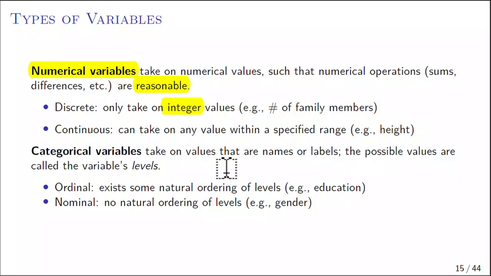So we could use numbers: 3 means good, 2 means not that good, 1 means really bad. So 1, 2, 3 are three numbers, but we know those numbers are really three categories.